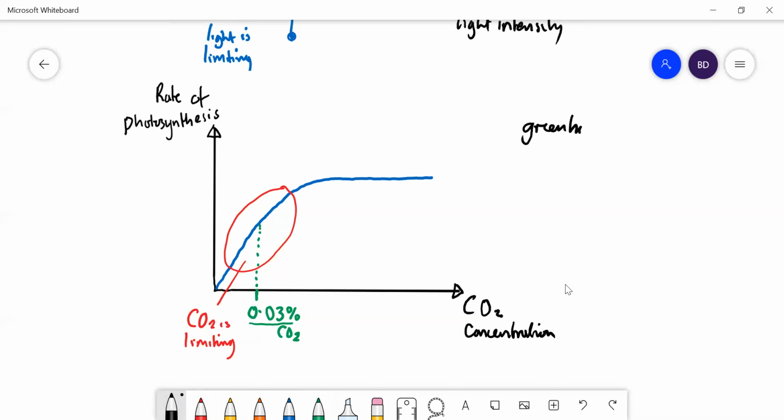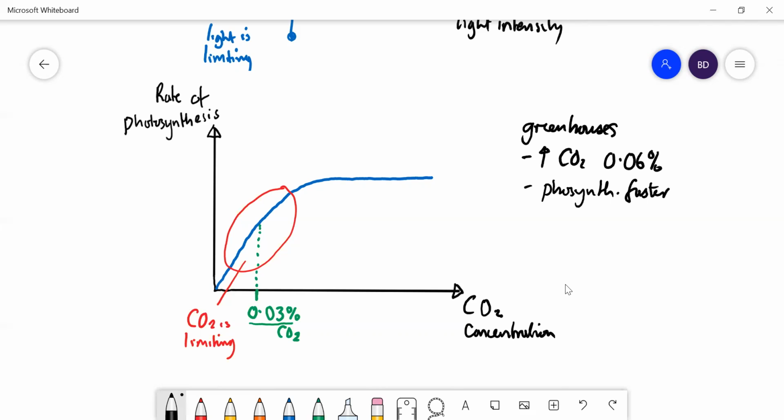Obviously you can't increase the concentration of CO2 outside, but if it's inside, you can. They increase the CO2 concentration, I think up to about double what you'd normally find, 0.6%, and that makes the rate of photosynthesis faster, so the plants grow faster.